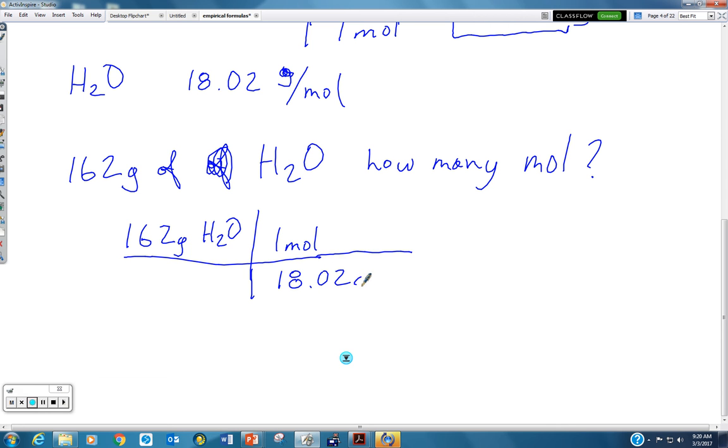So that's going to cancel out grams, and 162 divided by 18.02 gives us 8.99 what? Moles. I was looking for units. So 8.99 moles H2O.